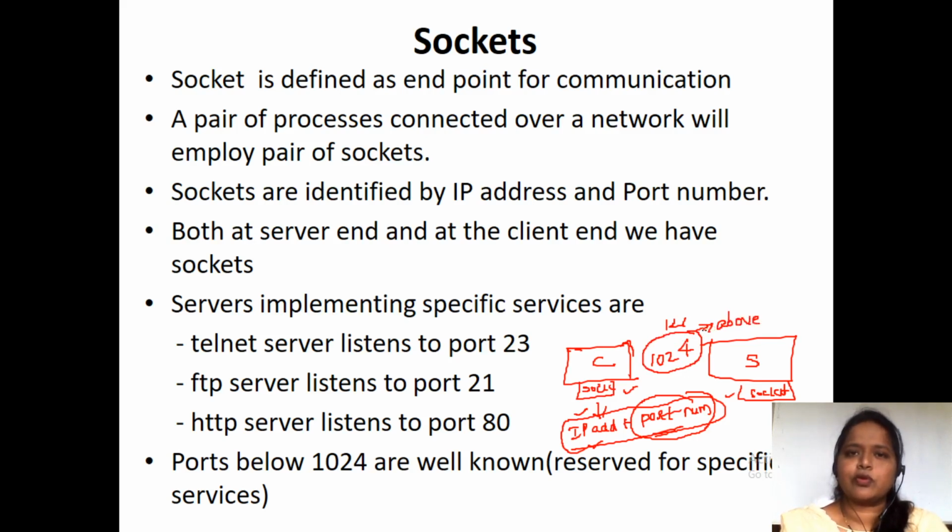When employing a socket to communicate between a client and a server, along with the IP address you have to give a port number. For example, for the telnet server, the port number is 23. It is fixed, we can't change it.